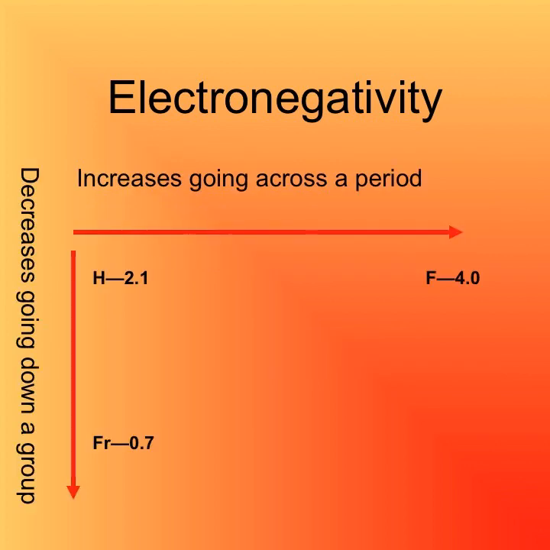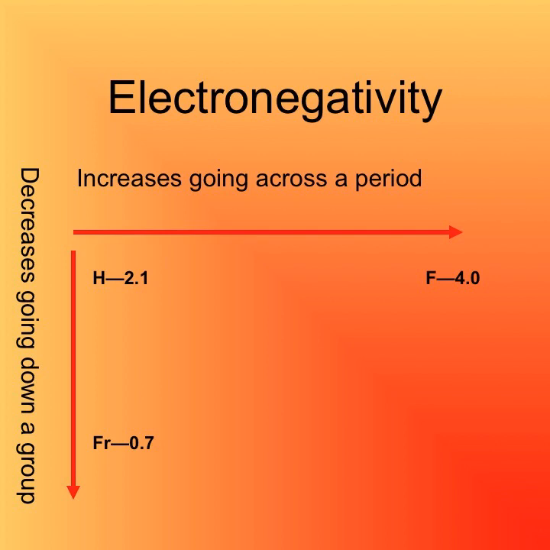On the next slide, you see I've given you hydrogen, fluorine, and francium's electronegativity values. Linus Pauling arbitrarily set fluorine as the highest electronegativity value, not considering the noble gases, mind you. Those of you who did the straw activity saw that noble gases do have electronegativities, and they can be higher than fluorine's. But fluorine is generally regarded as the element that can react easily, with the highest electronegativity of 4.0.